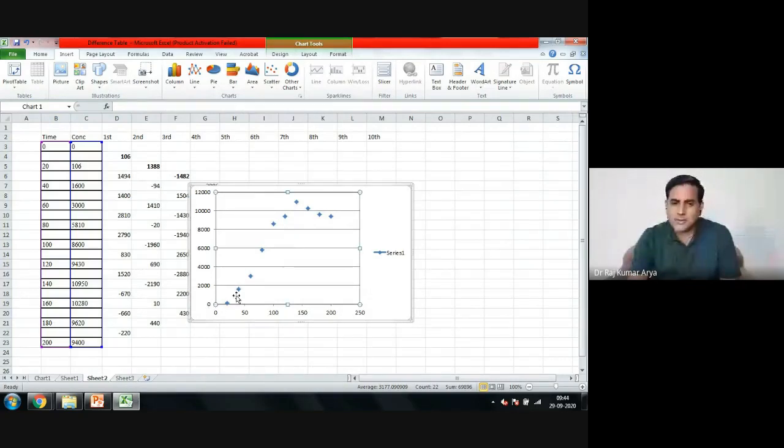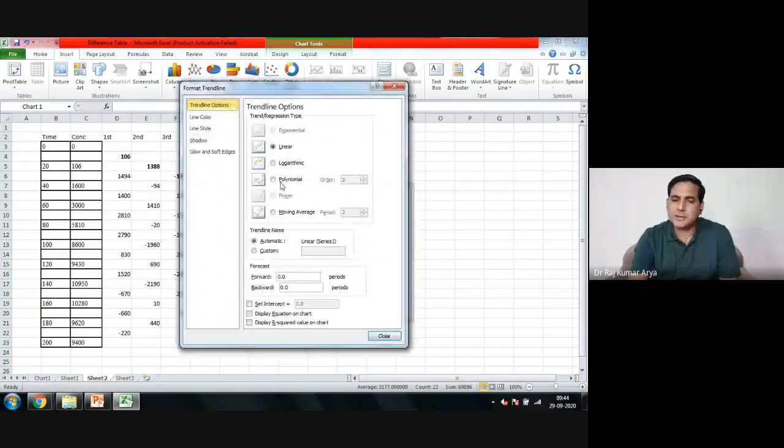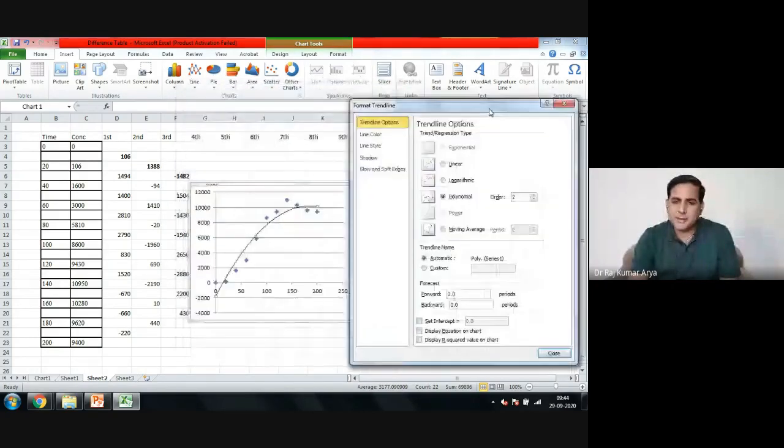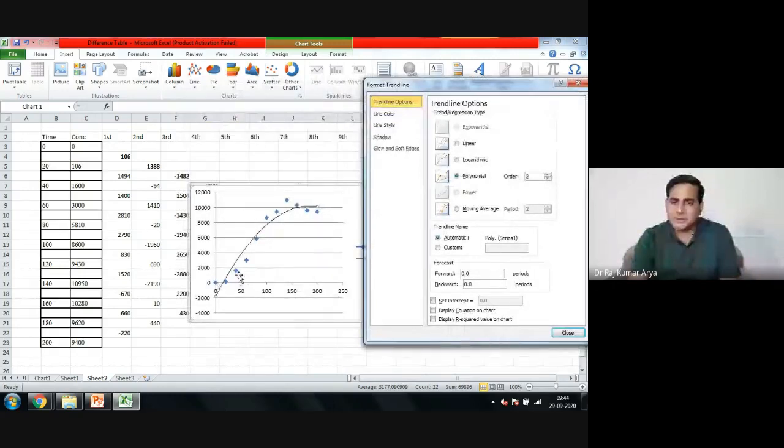This is how your data are, correct? And then you can always find a best fit line for that. That is always in your hand. Then you keep on seeing how it passes through all your data points or not.